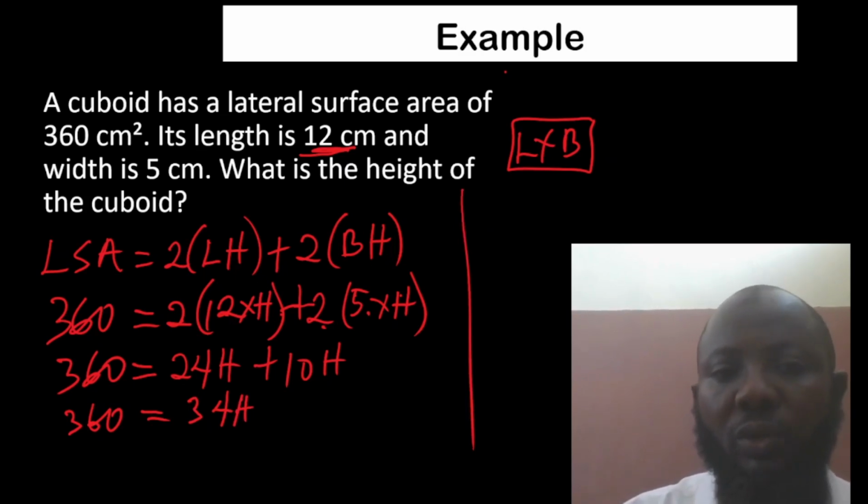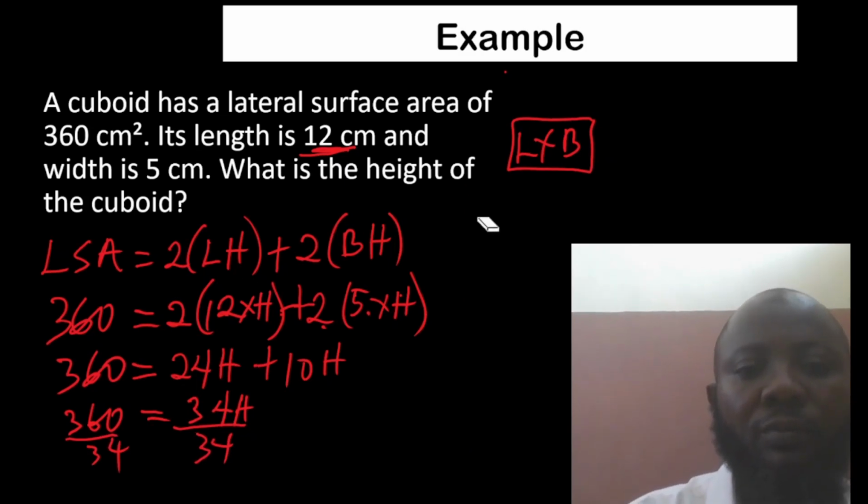So what are we going to do now? We divide both sides by 34. This cancels this.